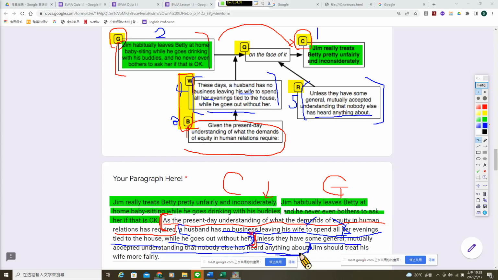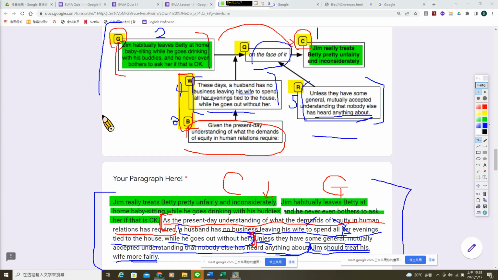And then we'll follow on the face of it, on the face of this situation. So I put a little bit, June should treat his wife more fairly. So unless this happened, and with the qualifier, so I put a situation here, June should treat his wife more fairly. Okay, so this is the complete paragraph for the Toulmin model illustrated here.